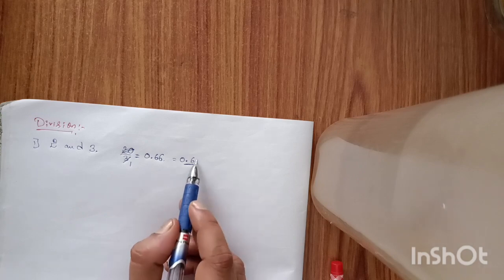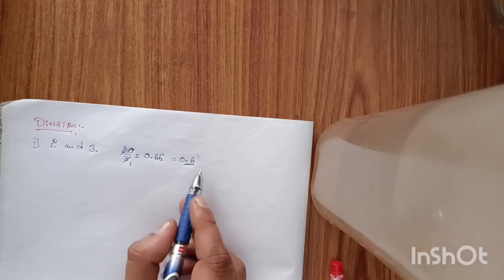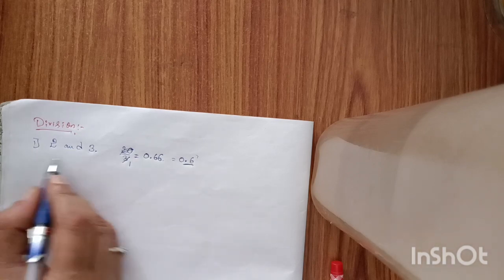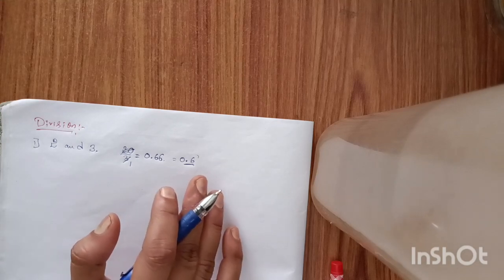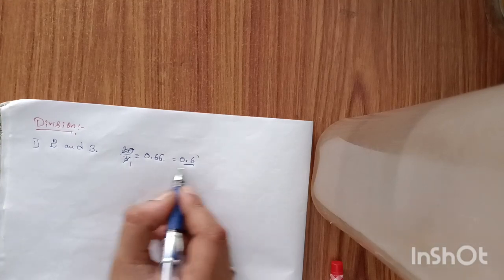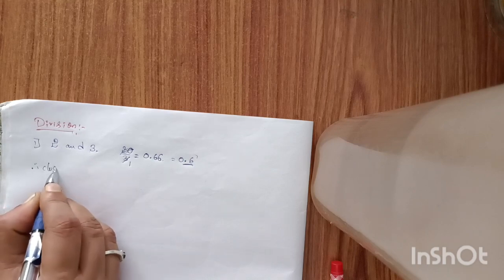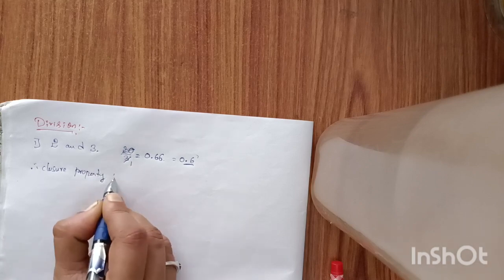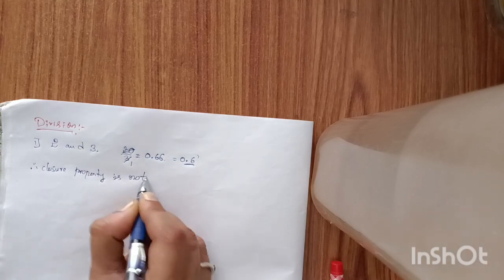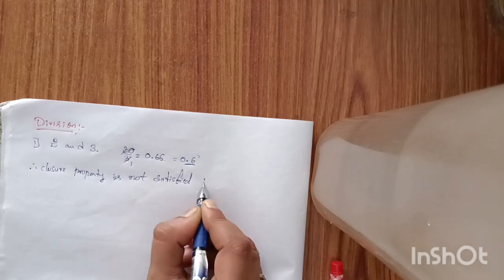This is not a whole number, right? Therefore the closure property is not satisfied in division.